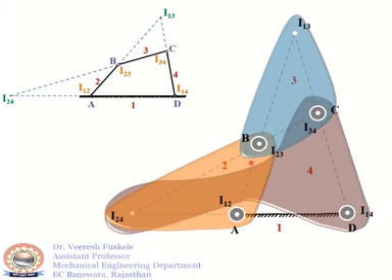Now, if we move this linkage around this given configuration, link 3 is instantaneously rotating about this point I13. So this point does not move.